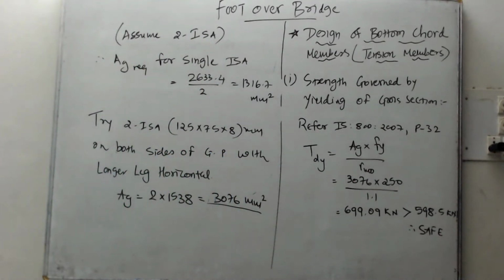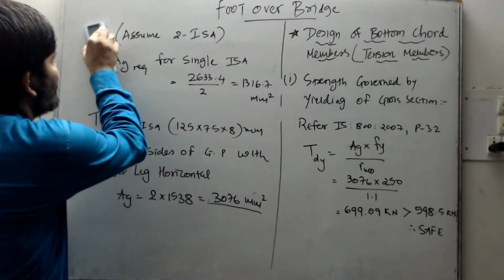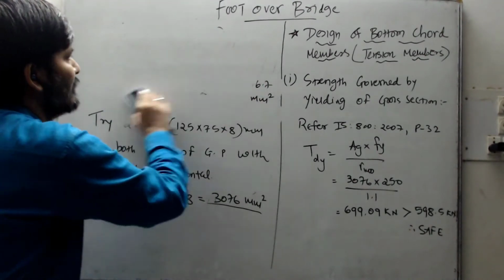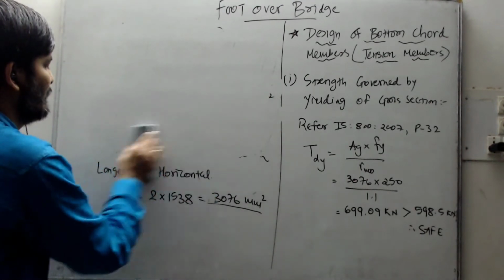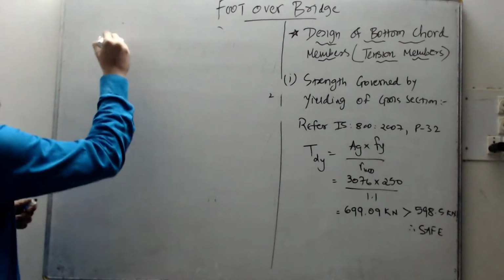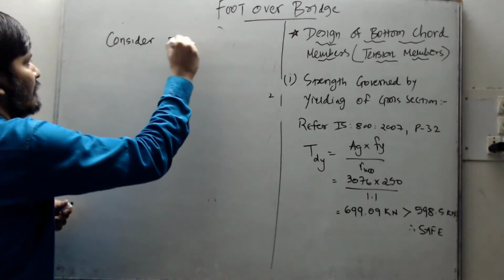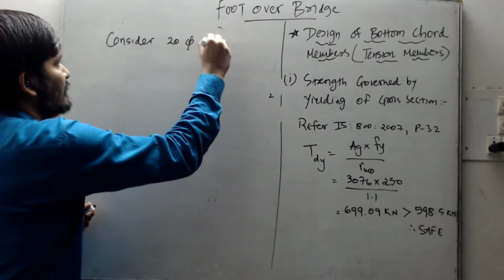So let us now consider 20 mm diameter bolts, right? Let us consider 20 mm diameter bolts. So we are doing the design now. So consider 20 mm diameter bolts.